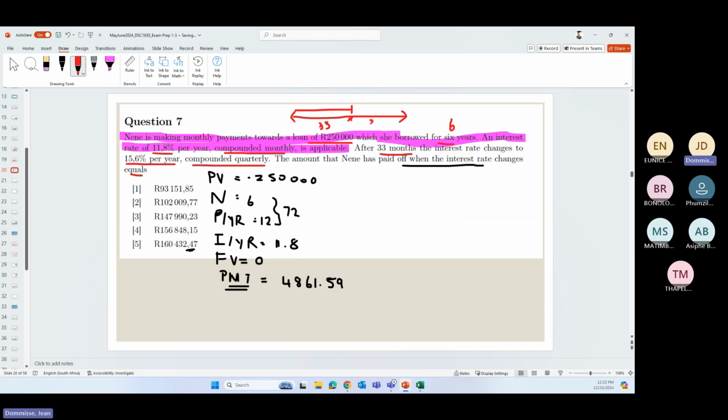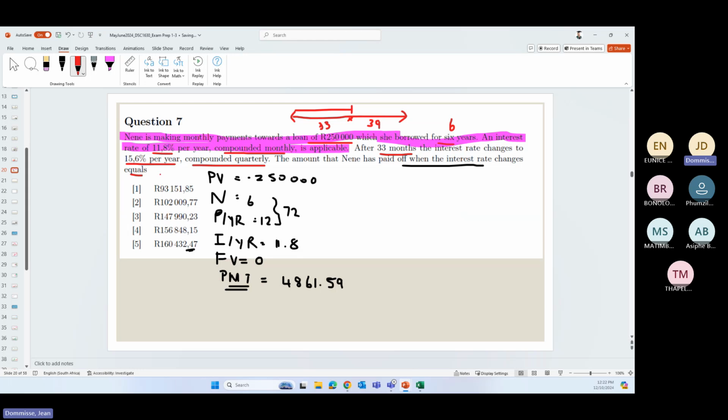A year is 12, so 39 months left. So what we should do is to work out that 39 months, how much would have changed so that I can work out how much did I pay off.